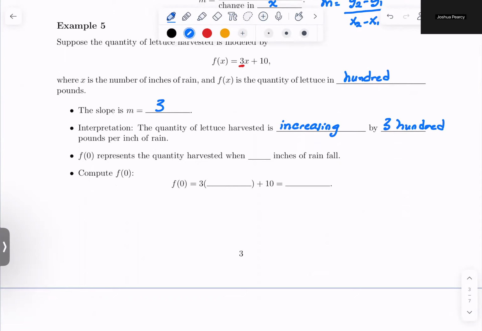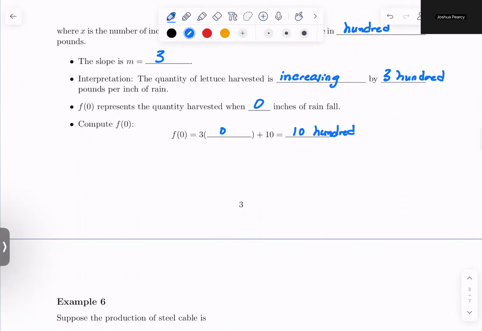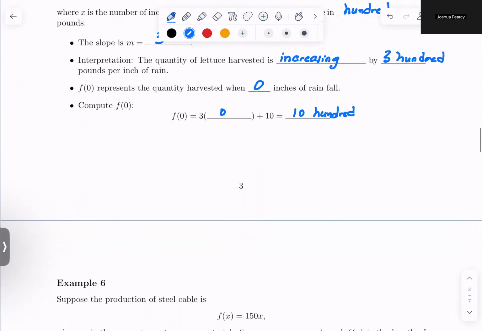And f of 0 represents the quantity harvested when 0 inches of rain fall. And if we want to compute f of 0, all we do is plug in x as 0, and we get back 10, and this would be 1,000 pounds. So we'll just put 1,000. That's equivalent to 1,000 if you want to convert it to that, but that's okay, leave it like that.